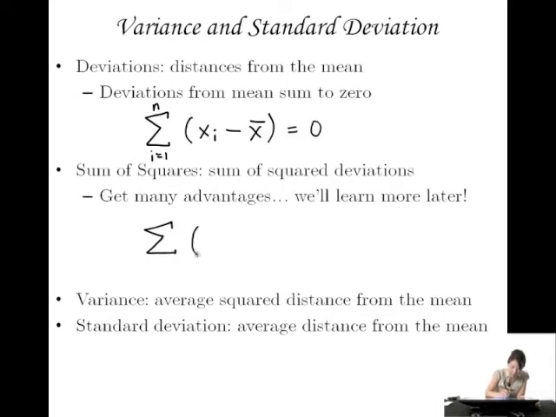So here we have that same deviation idea. We're looking at distances away from the mean, but we're going to square each of those distances, i equals 1 to n. Now, just a word about this summing notation.